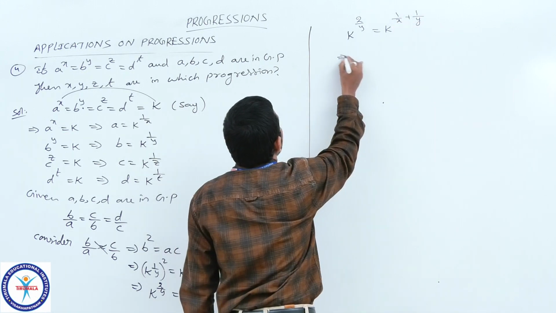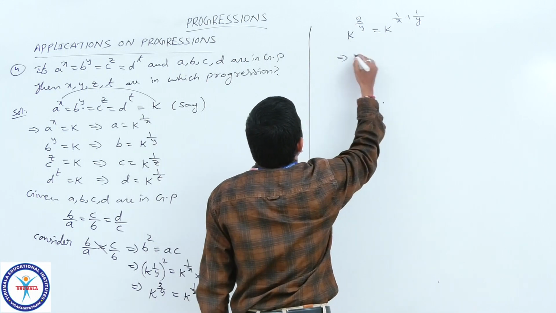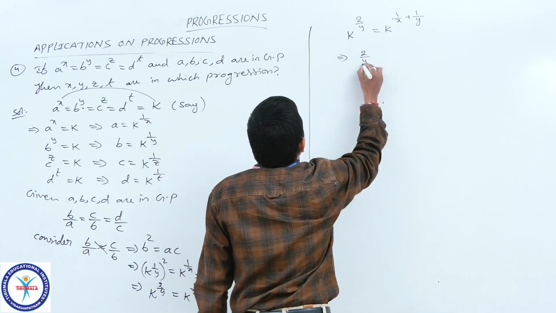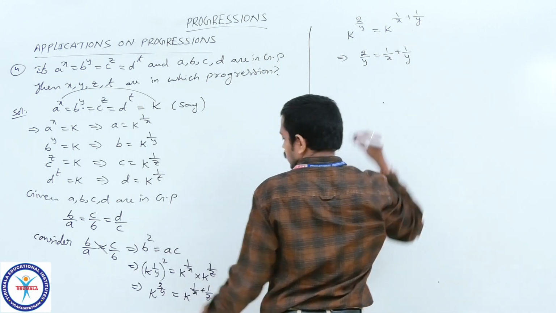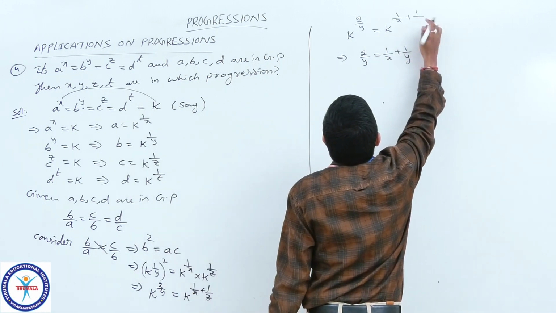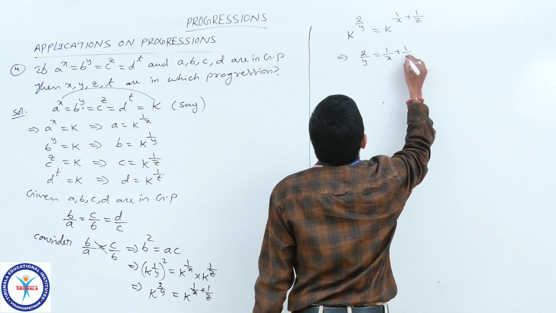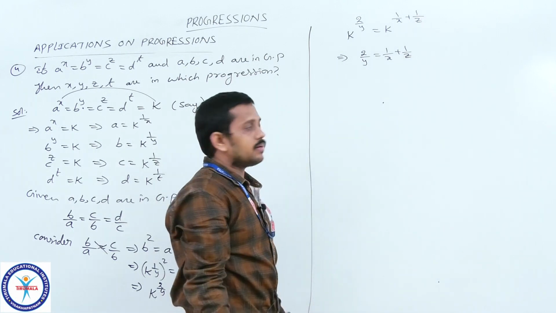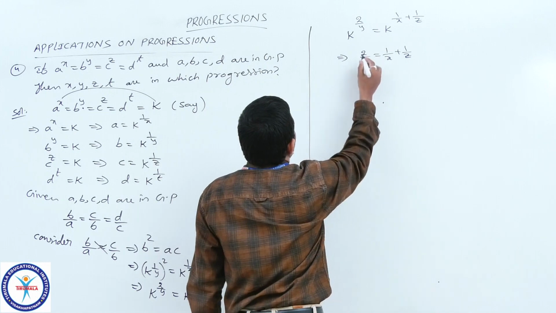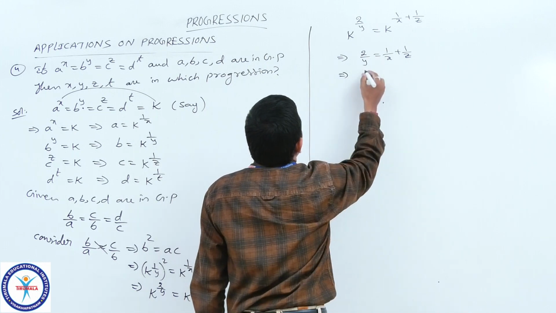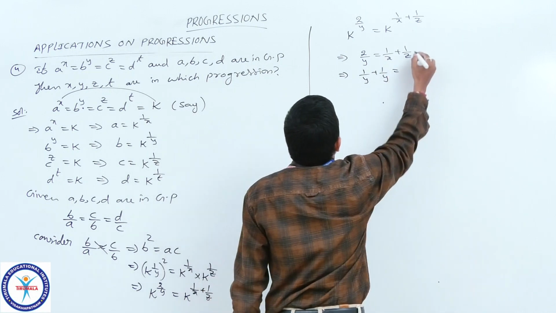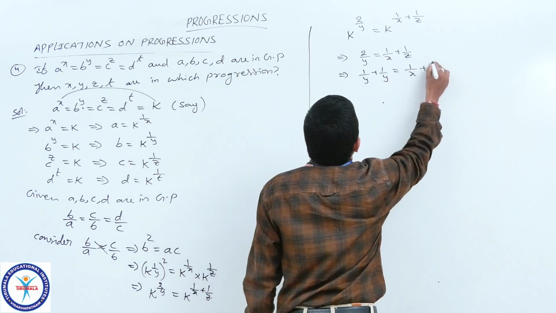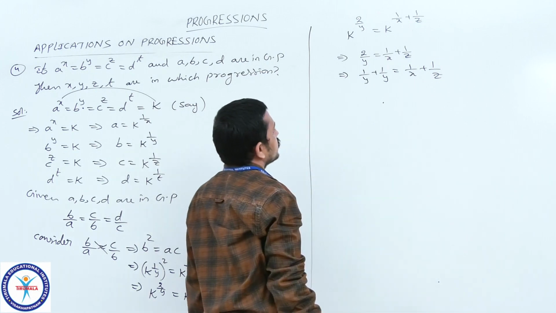which implies, as bases are equal on both sides, 2/y = 1/x + 1/z. So can we write 2/y as 1/y + 1/y, which is equal to 1/x + 1/z.